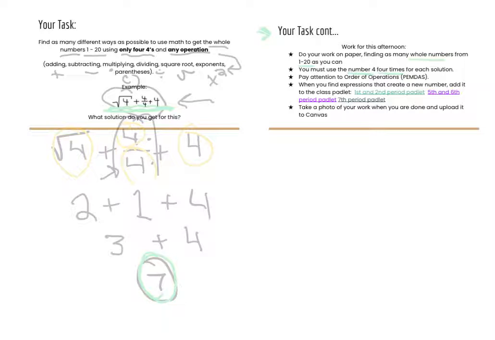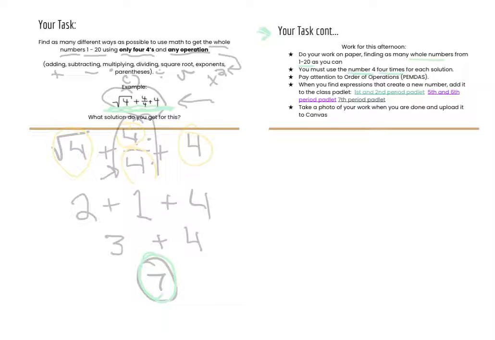Let me show you in another example. So let's say we want to get something for number 1. We're trying to find something that has the solution of 1. And I'm going to try to do this using only addition and subtraction, just to keep it simple for now, to give you an example.